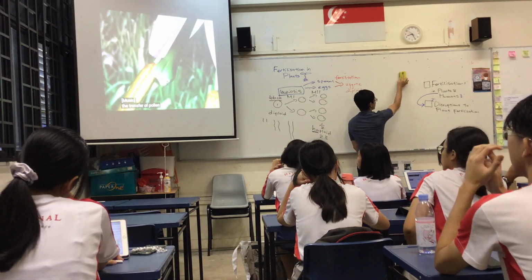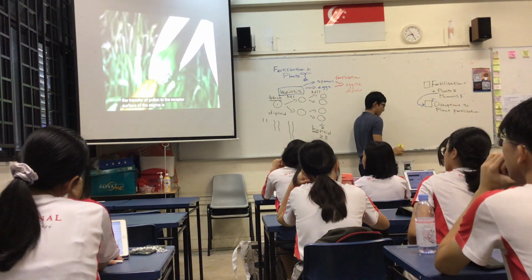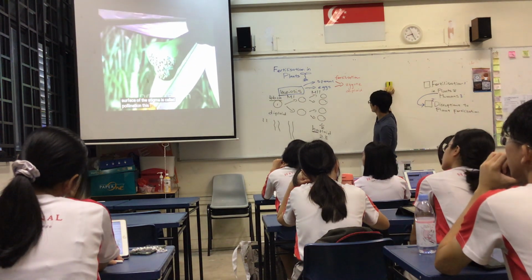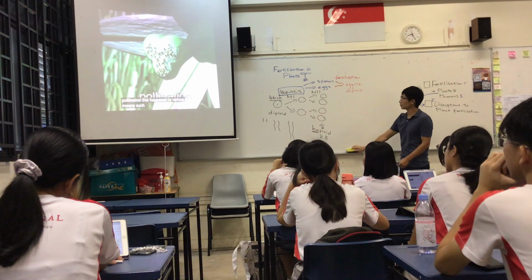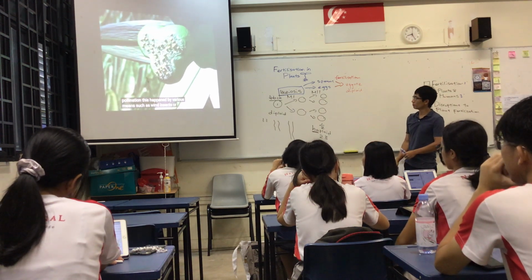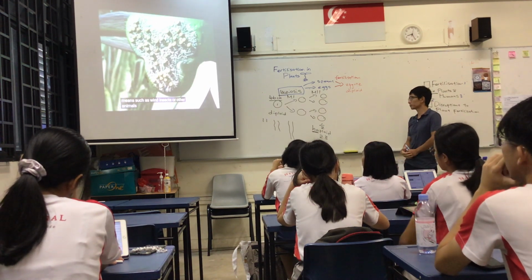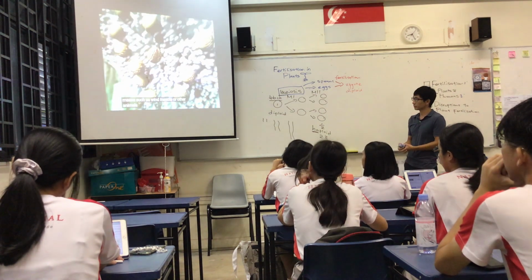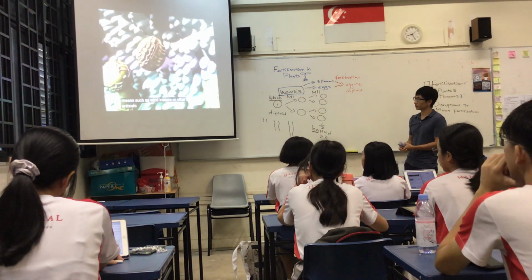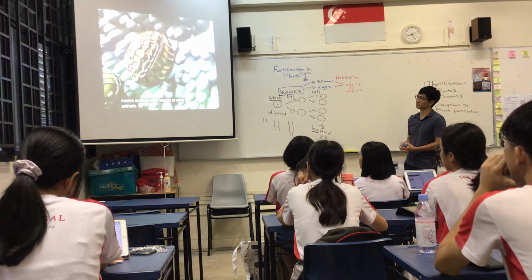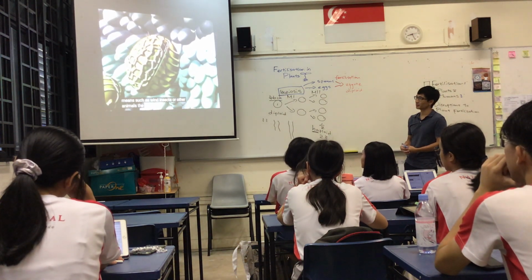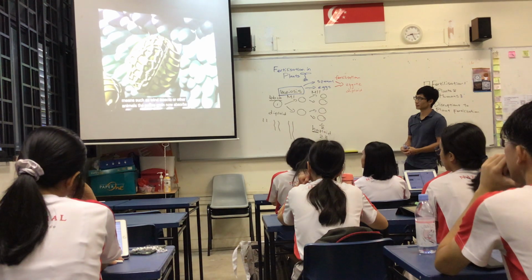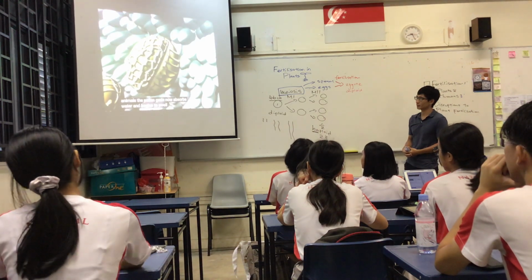The transfer of pollen to the receptor surface of the stigma is called pollination. This happens by various means, such as wind, insects, or other animals. The pollen grain now absorbs water and begins to swell.